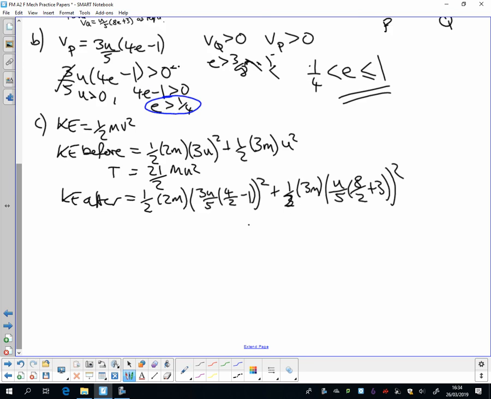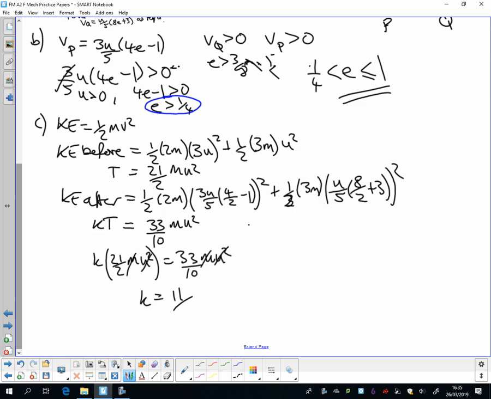That's with subbing in e is a half. We're told that's K times T, so you can get that that's 33 over 10 mu squared if you simplify that side. So K times T, we know what T is. T is 21 over 2 mu squared. K times that must be 33 over 10 mu squared, and then it's quite easy to rearrange that and get that K is 11 over 35.